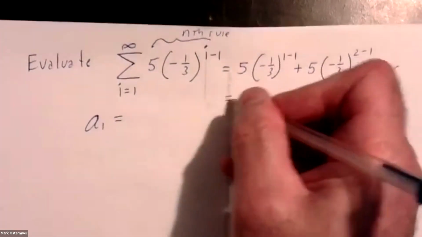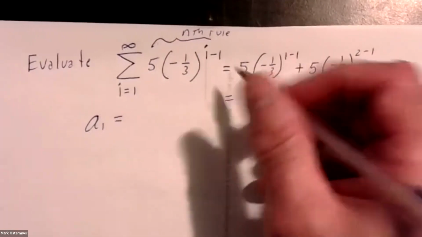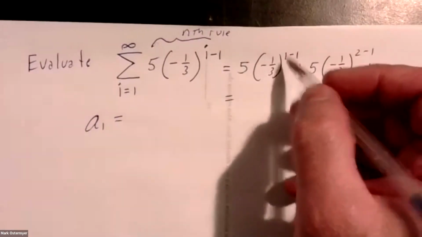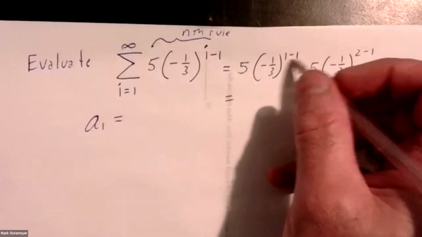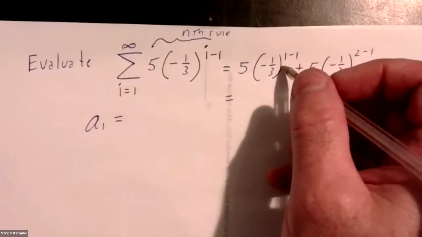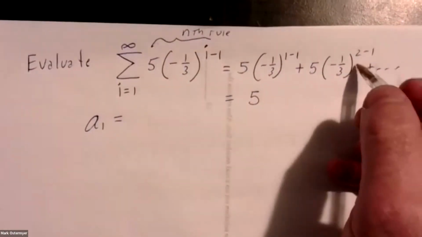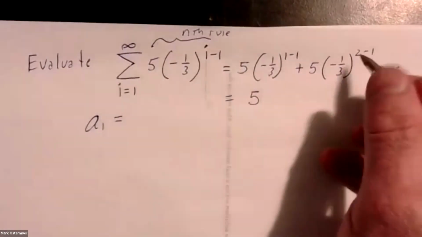So the first term of the associated geometric sequence, or the first term of this series here, would be 5 times negative 1/3 to the 0th power. But negative 1/3 to the 0th power is 1, and 1 times 5 is 5. That'd be your first term. Your second term would be what?